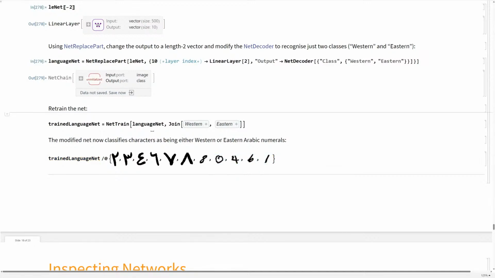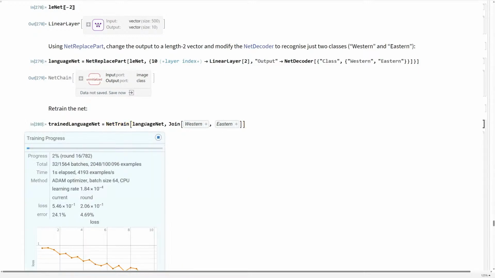So basically, I substitute one of my layers to tell it, stop doing what you were doing before, and now what you will be doing is that you learn from all of this data and divide them into two classes. One is the Western, one is the Eastern. And I have this new net designed for my new task. And I'll just train it.